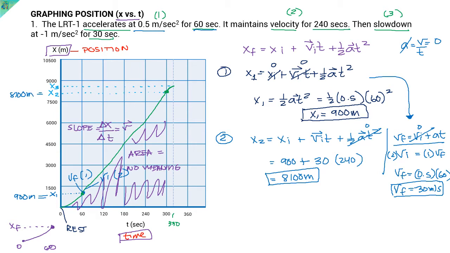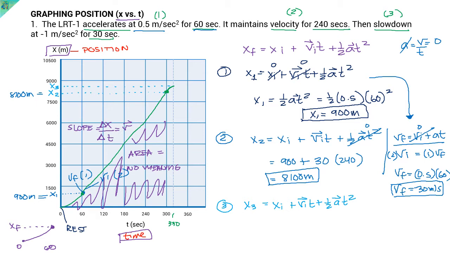Okay, we're now down to our last part, which is our situation number 3. So for our situation number 3, we'll use the same formula, but this time, instead of x2, we're going to write here x3 to denote that we are trying to search for position 3. Writing down our formula, xi plus vit plus 1/2 at squared.